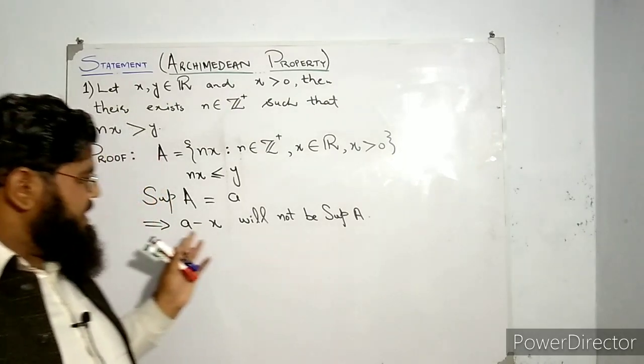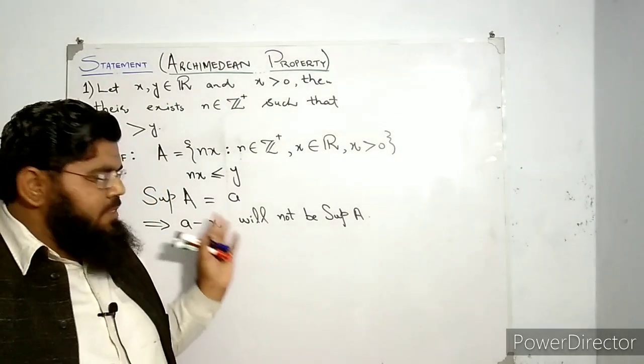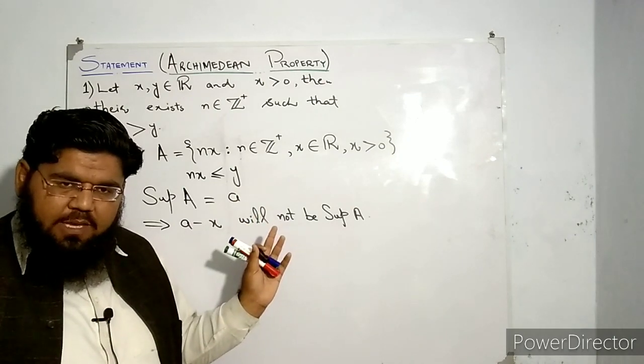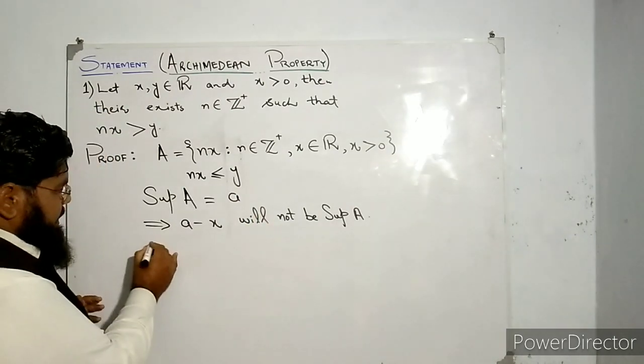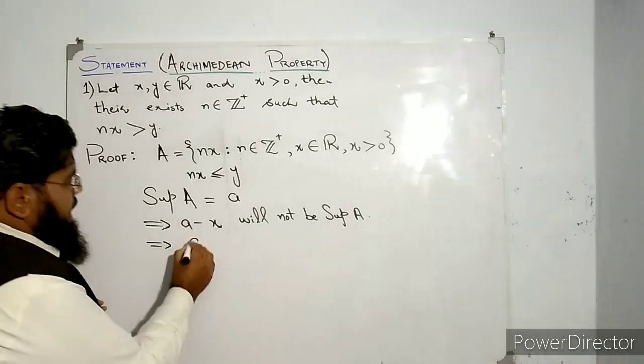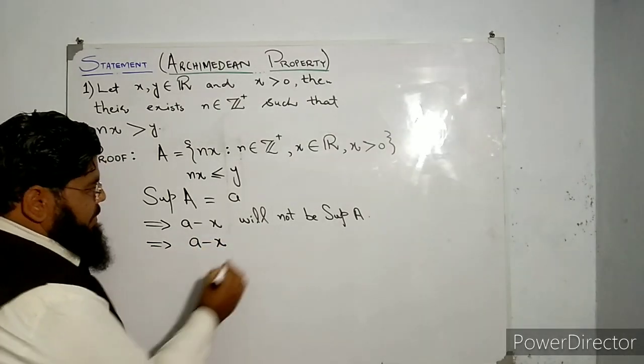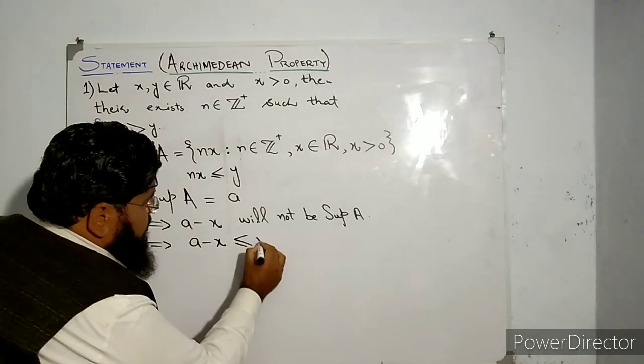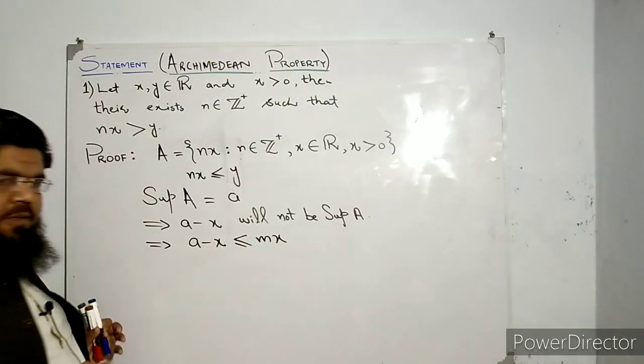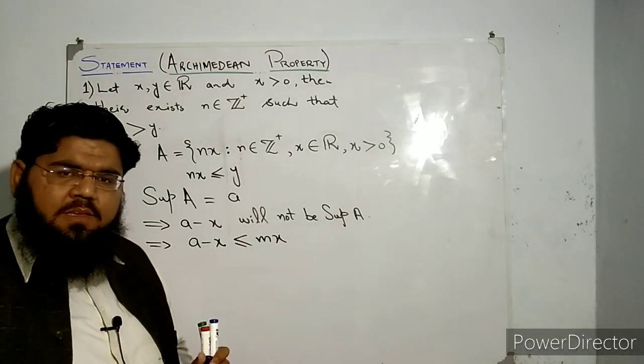Okay, so if a minus x is not an upper bound, then what will happen? It means that a minus x will be less than or equal to mx. And why am I saying this?